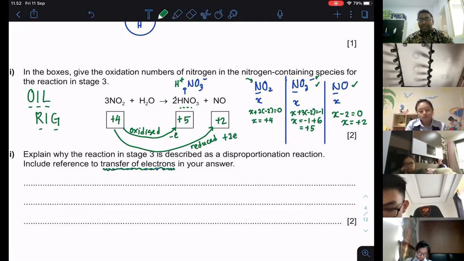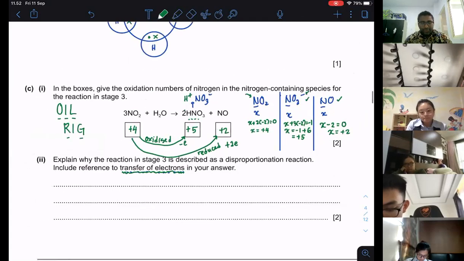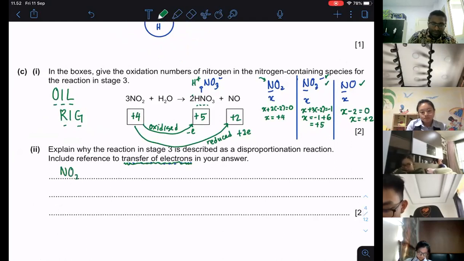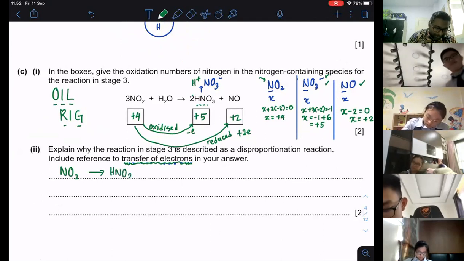So here, when you describe this, you need to mention NO2 changing to become HNO3, and write it in your own sentence. We call this reaction oxidation. Why?